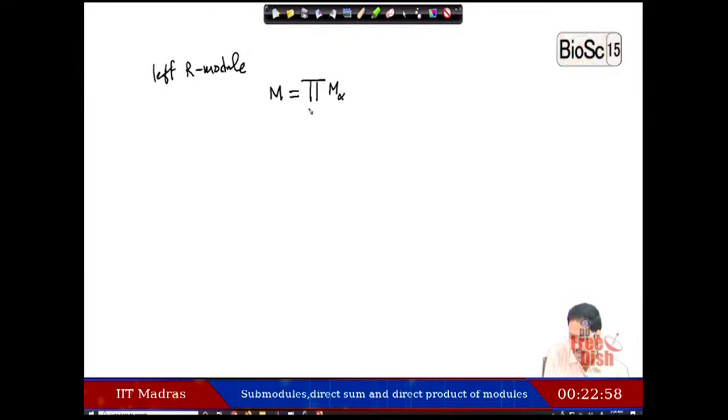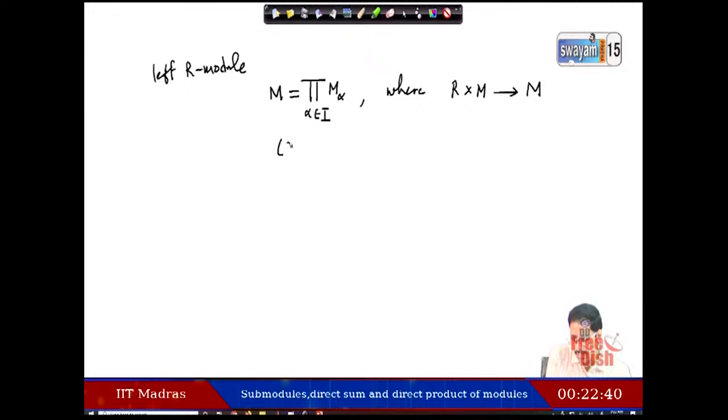Where the scalar multiplication R cross M to M is defined as follows. First of all, how do the elements in M look?